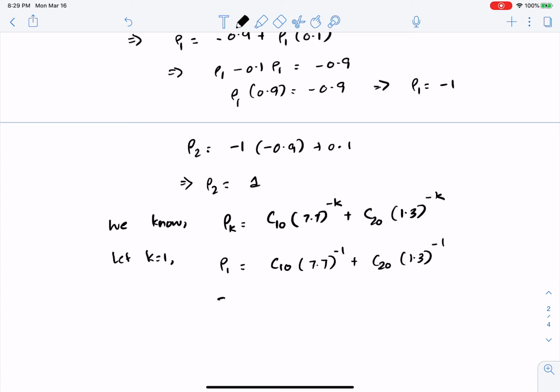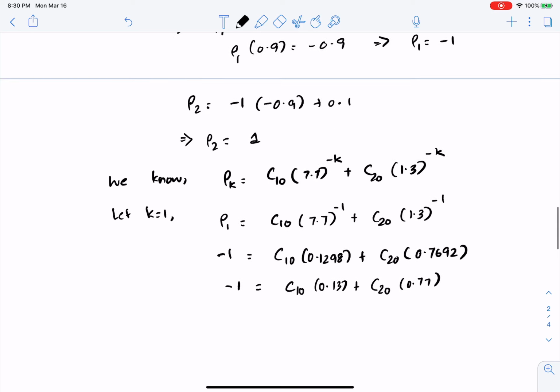And row 1 happens to be negative 1, so negative 1 would equal C10 times 7.7 raised to negative 1, which is 0.1298. Likewise, 1.3 raised to negative 1 is 0.7692. I'll round it to 2 decimal places, so C10 times 0.13 plus C20 times 0.77 would equal negative 1.